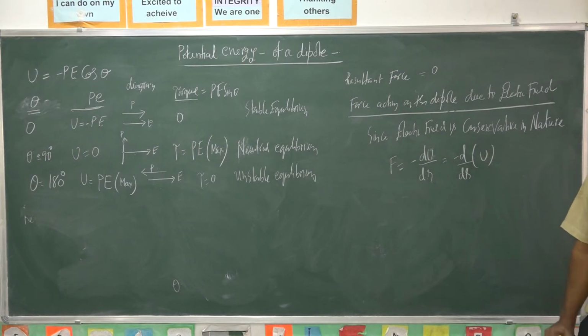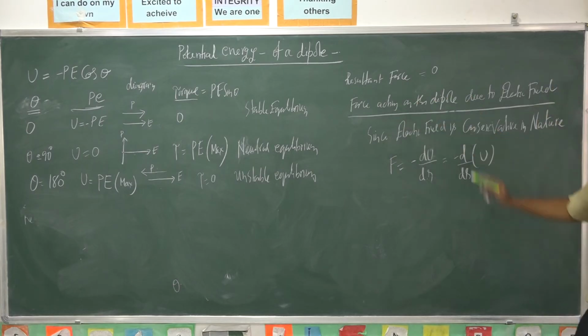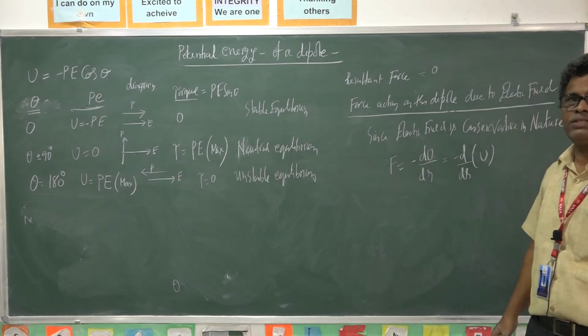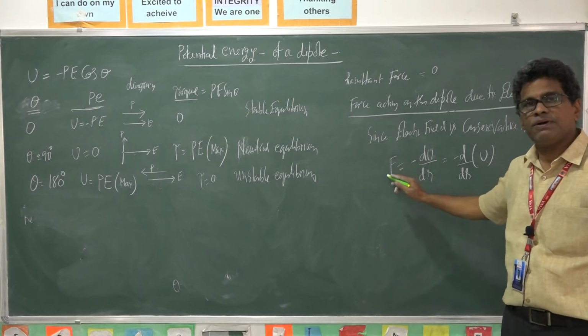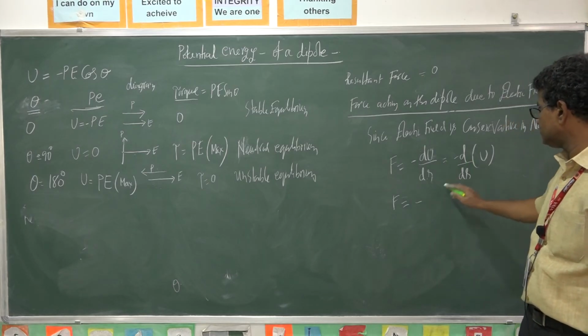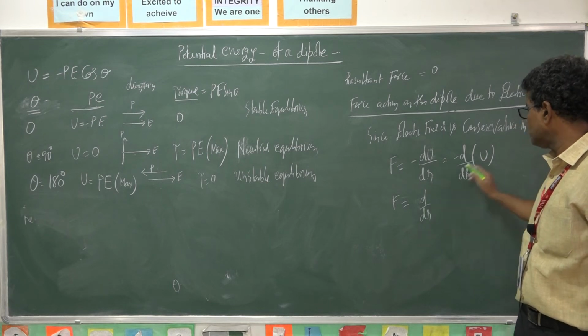Whenever you want the force acting on the dipole, you differentiate the potential energy expression with respect to r. This is a very important concept to solve the problems, so keep this point in mind. F is equal to minus d by dr of the potential energy.